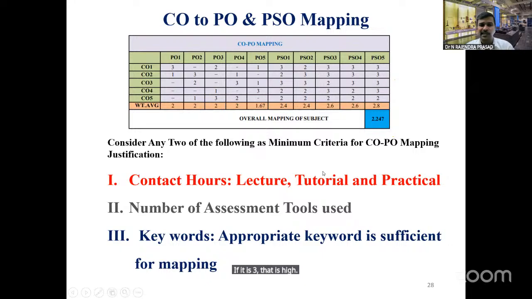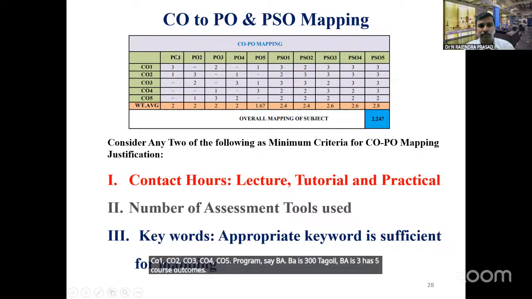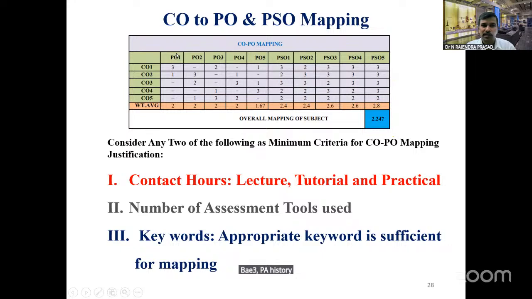How can we decide this? A course has 5 outcomes: CO1, CO2, CO3, CO4, CO5. Take a program, say BA History. BA History has so many courses, and one course has 5 outcomes.